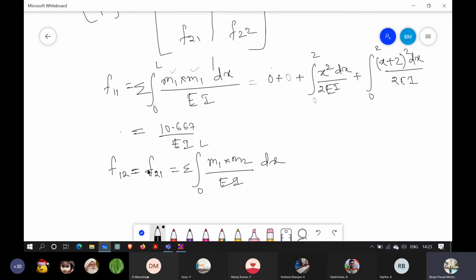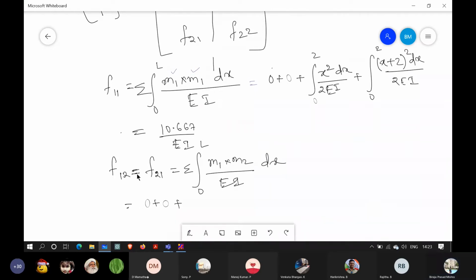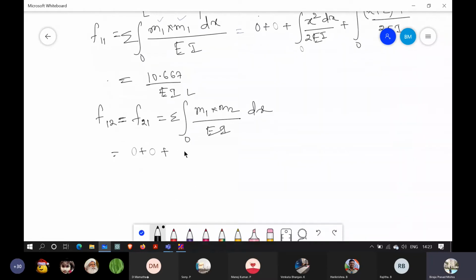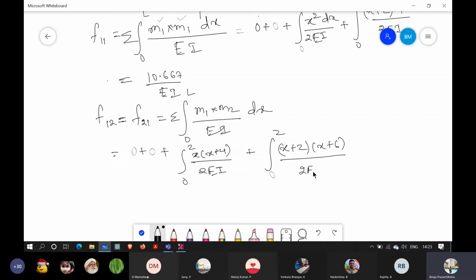If you put all the values and do the summation, it will be 0 plus 0 plus integration 0 to 2 x into x plus 4 whole divided by 2EI, plus integration 0 to 2 x plus 2 into x plus 6 whole divided by 2EI into dx.